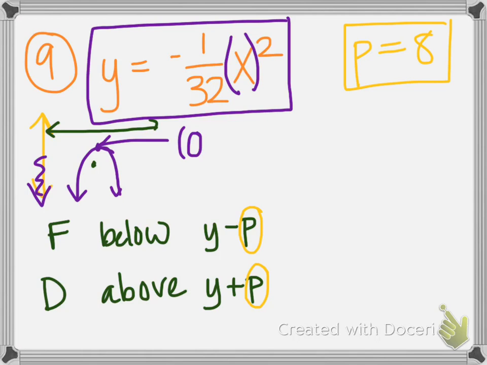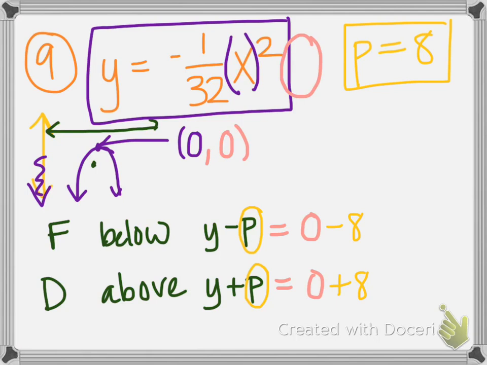And whatever is added or subtracted after the squared, that's going to be our y value, but there's nothing there either. So the y value is 0 as well. So my vertex is at 0, 0. So for my y value of my vertex, I'm going to substitute 0 in both of these equations. And like we said before, our P value is 8. So I'm going to do minus 8 and plus 8.